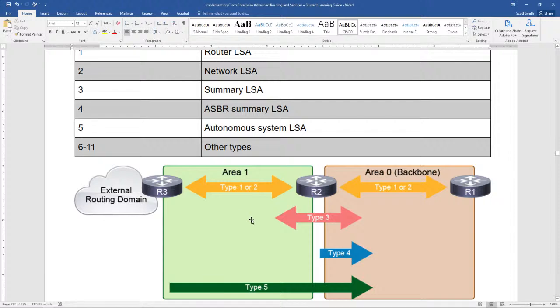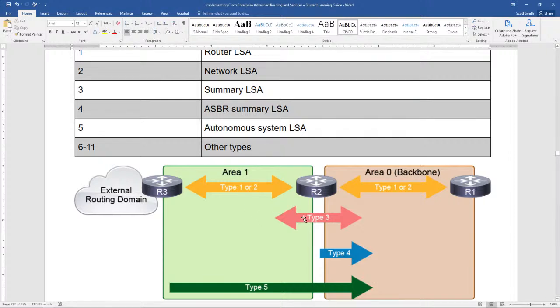You can see from the diagram here that there are some basic concepts with how LSAs are processed, right? Some of those LSAs are what we call intra-area LSAs. An intra-area LSA is an LSA that has a scope within the area. Inter-area LSAs are LSA types that move from one area to another.